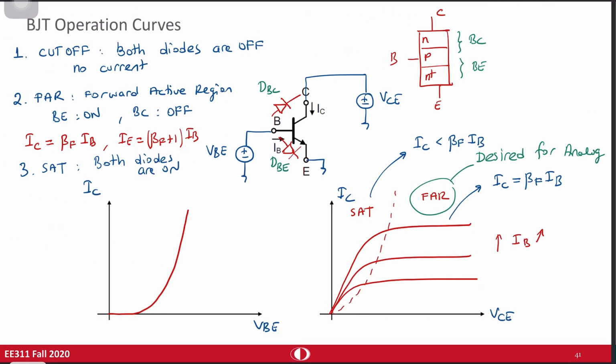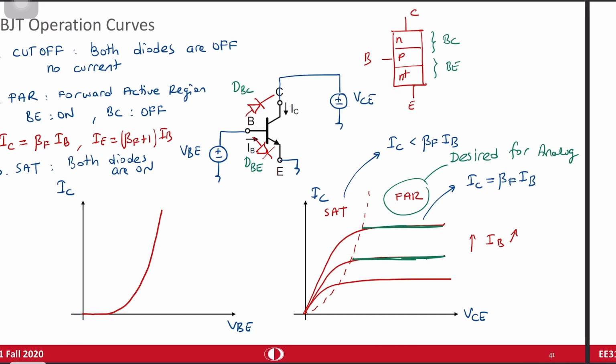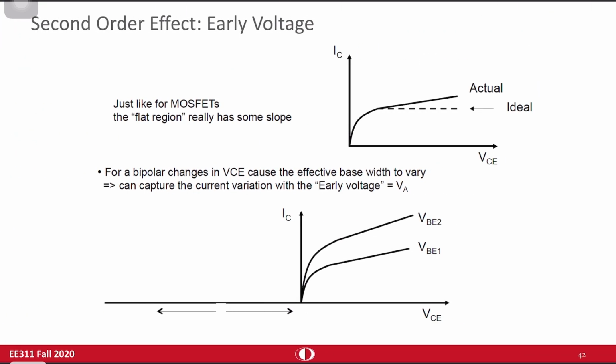And in here, we assume that this line is parallel to the x-axis, which is in fact not true in reality, due to something like channel length modulation. So this Early voltage effect is similar to channel length modulation in MOSFETs.